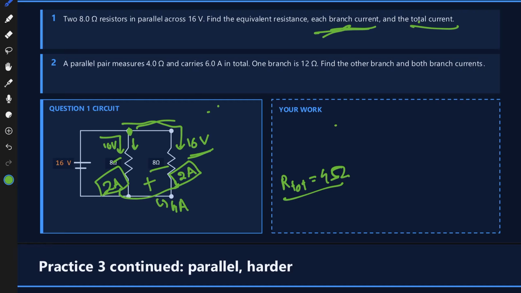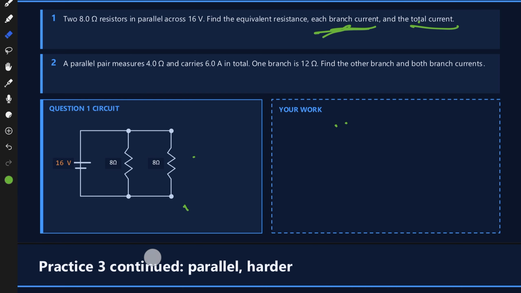So voltage total is I total times R total, in other words, 16 volts divided by 4 ohms, which is your equivalent resistance or total resistance. You can find the total current from that as well. Okay. There you go.